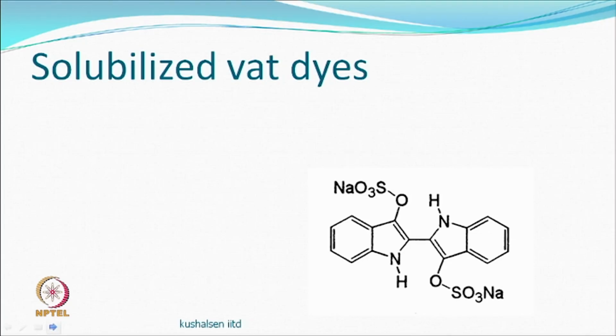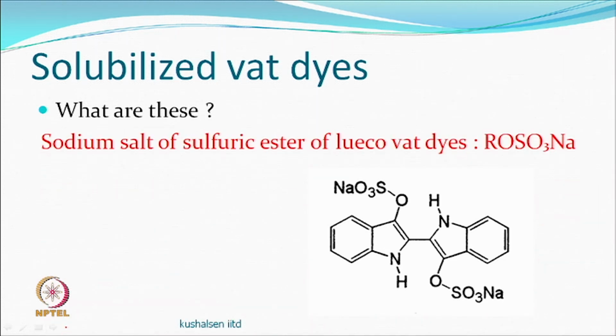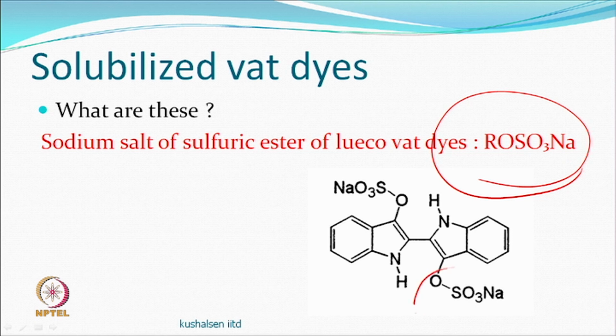So, it is the same dye as before, just that the structure has changed. Because of this particular group that has been added, this is the change from the previous dye, and suddenly this dye can be used on any fiber which is hydrophilic.